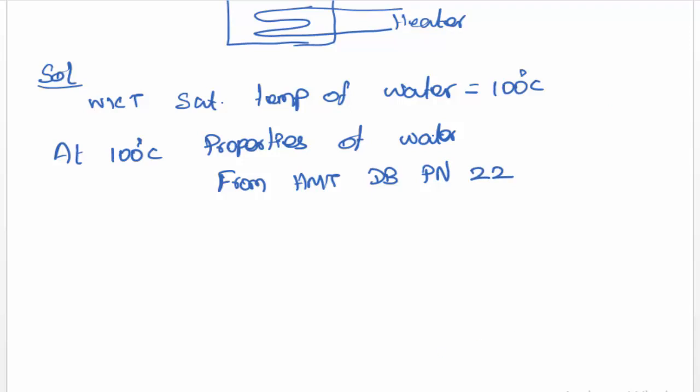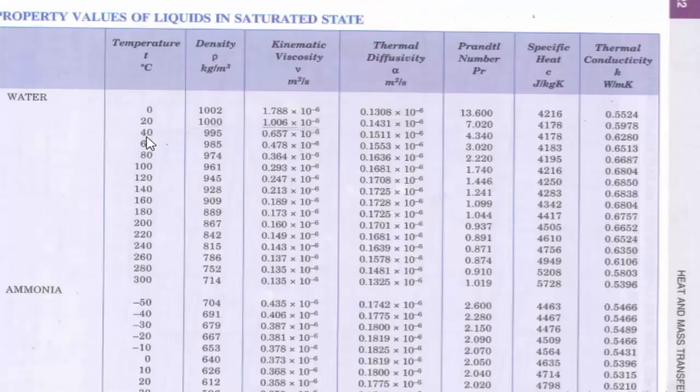In page number 22, you have the properties of water at saturated state. At saturated state, properties of water for various temperatures are given. Here you have to take, at 100 degrees Celsius, the properties of water are these things. These things have to be written in our problem.